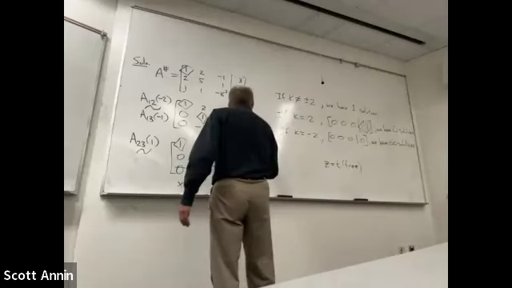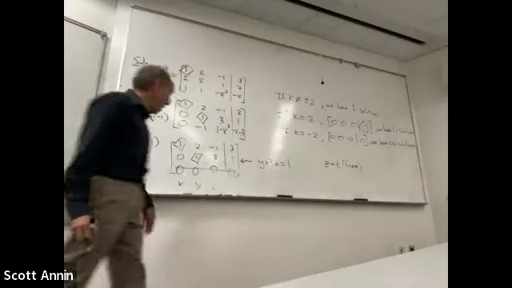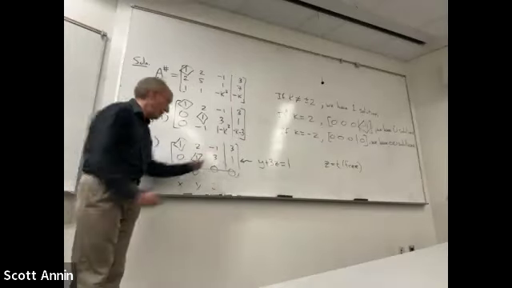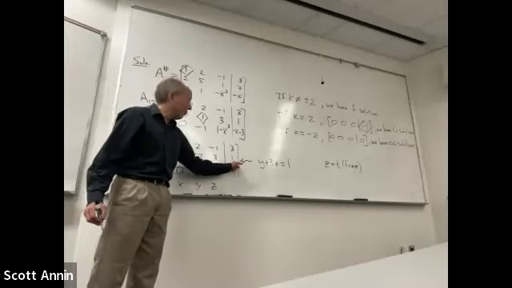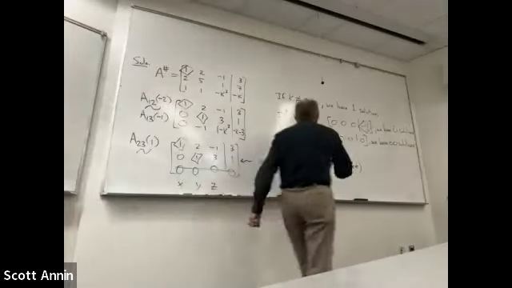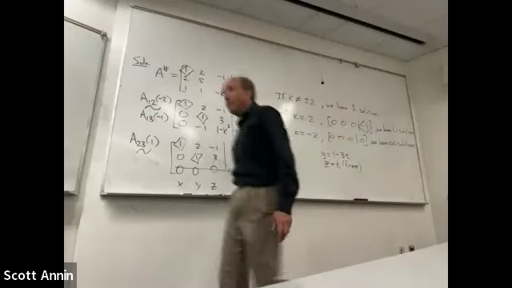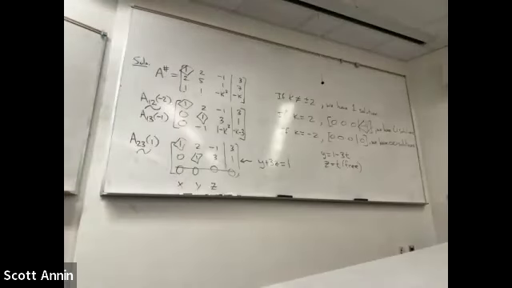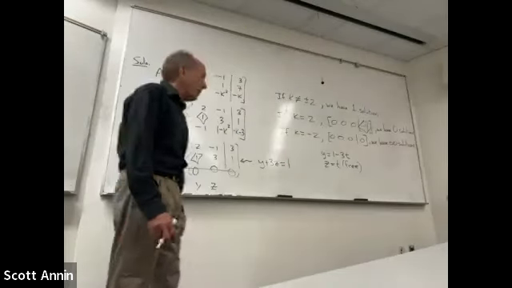Going back to the second row, I see that y plus 3z is equal to 1. So if z was equal to t, then y would be 1 minus 3t.